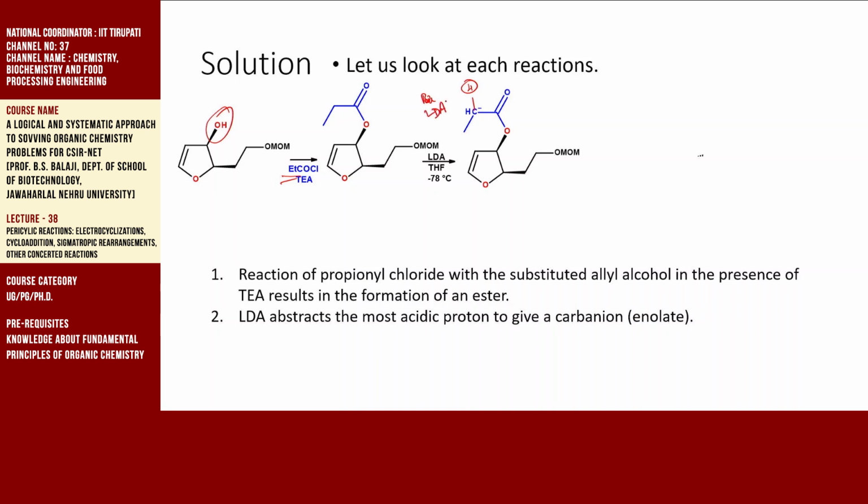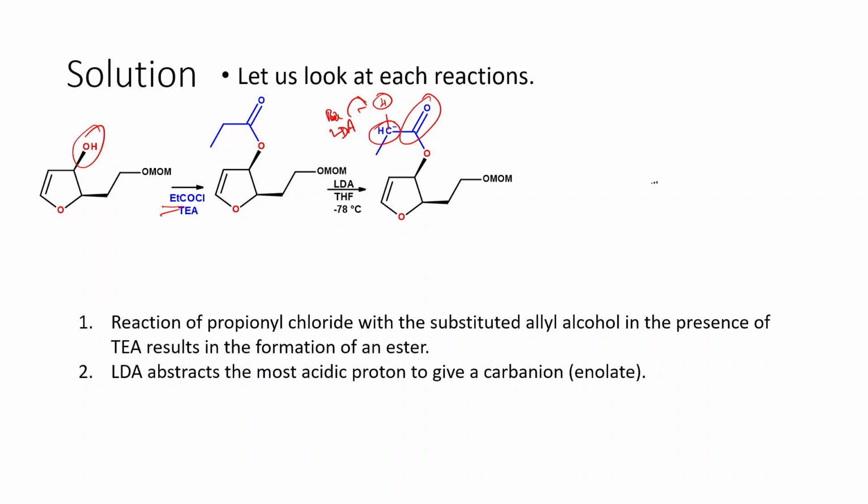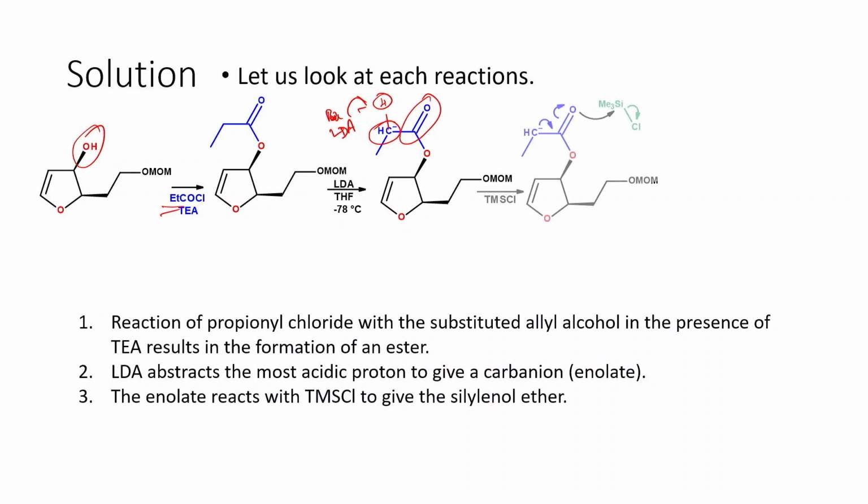LDA removes this hydrogen atom to give an anion on this particular carbon. Once we have an anion and a carbonyl group adjacent to it, it forms an enolate, which is a quite stable intermediate at low temperatures.